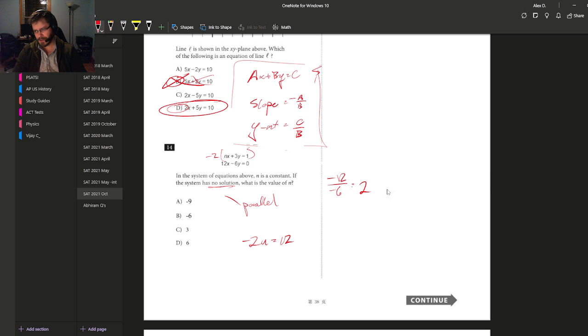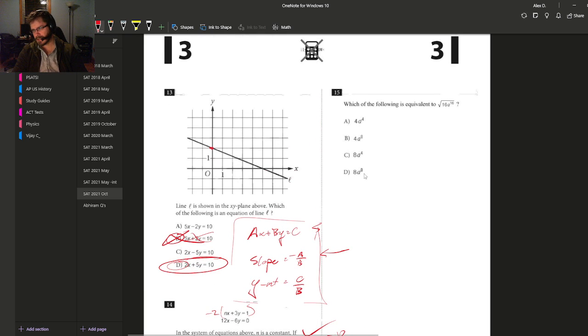So 2 and negative a over b, 3 has to also equal 2, so n equals negative 6. And you get the same thing here, n equals negative 6. So 2 ways to get that one. Boom. So make the slopes the same either by using this method or by making the coefficients the same. In either case, we have to know that no solution means they're parallel lines.